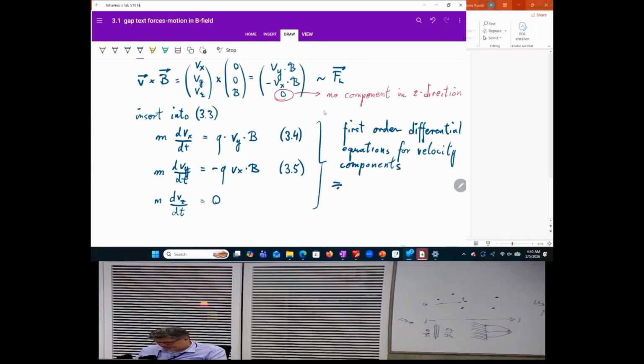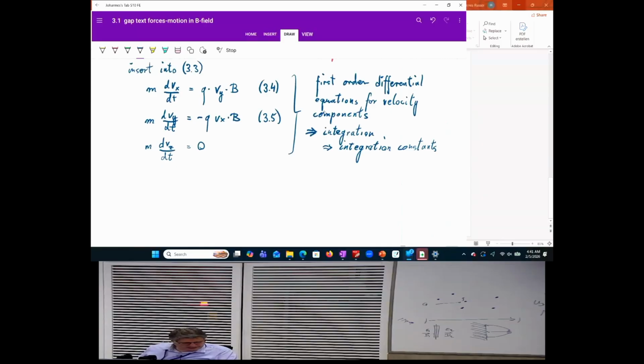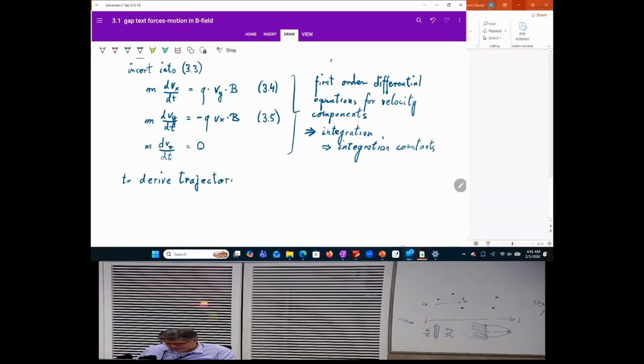So you want to perform an integration here, and you need the integration constants. We want to obtain the trajectory of our charge q. To derive that, we have to do the following step. We want to derive the trajectory, that means the path along which the motion will continue according to the solution that this differential equation gives us.